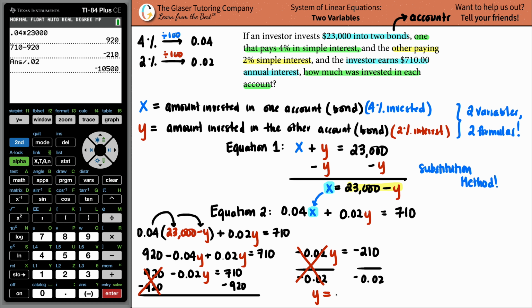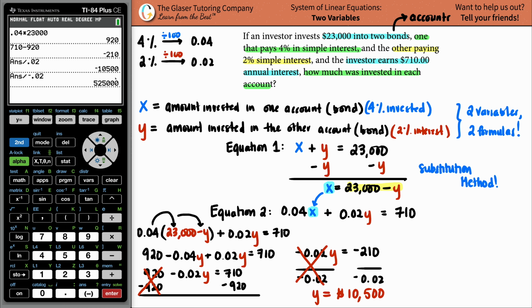Oh, yes. I don't know why, I was timesing it by 4. This is 10,500. I should have divided it by negative 0.02, but just know that this is a positive value, right? So if we just do this again, and we just do the negative value, there you go.